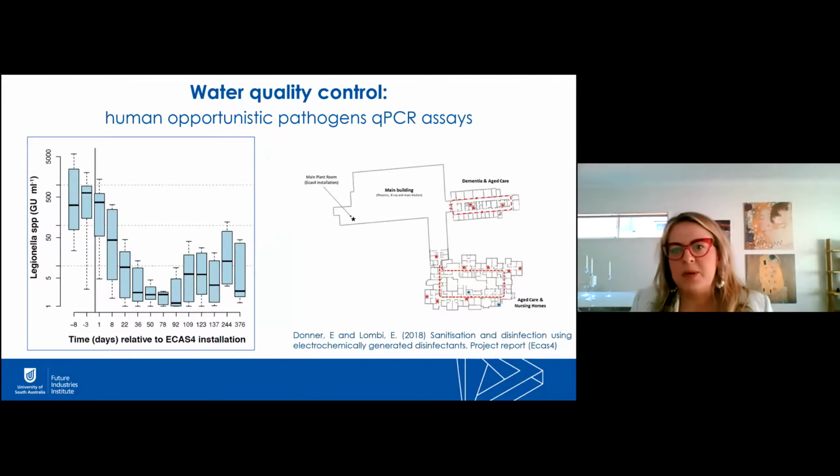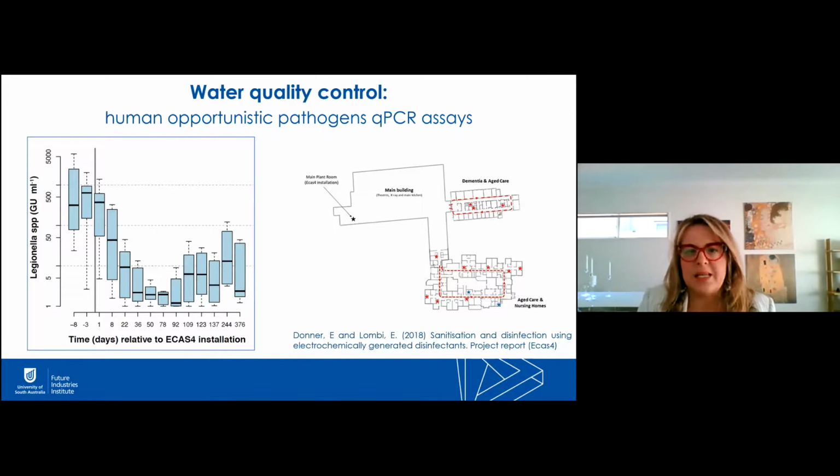Similarly, to evaluate potable water quality and the effectiveness of disinfection techniques, we can quantify and characterize human opportunistic pathogens using qPCR again and next generation sequencing, whole genome sequencing, and traditional microbiology techniques such as plating on selective media.